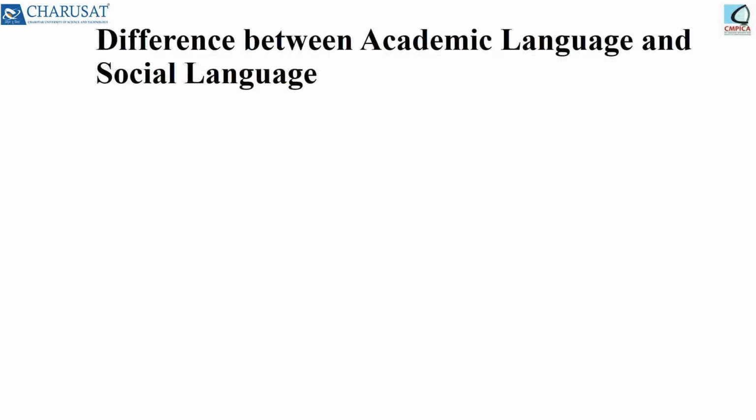Now, next we have the difference between academic language and social language. What should we do so that this English language is different from that used when we socially communicate with somebody, and the person knows that this is a professional communication?